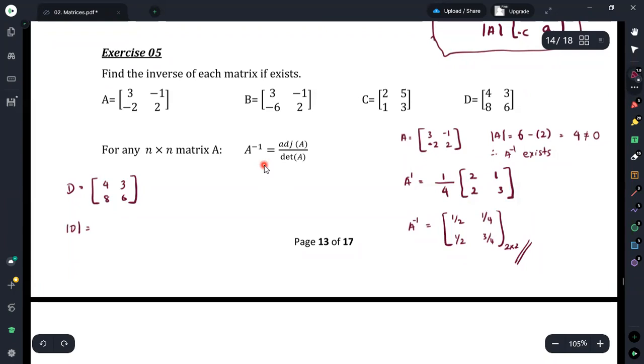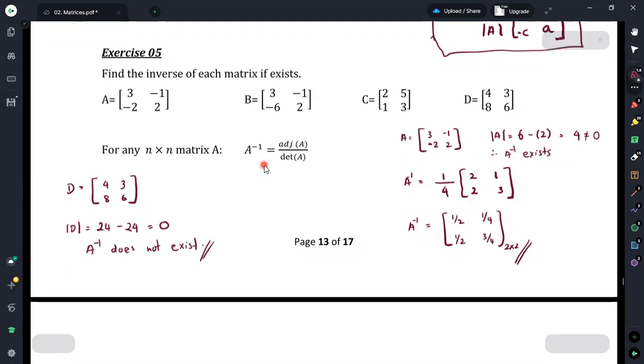Therefore, I can take the determinant of D. It is 4 times 6 minus 8 times 3, and we get the value equal to 0. Therefore, we can say that D inverse does not exist. Since the inverse does not exist, we can terminate the calculation from that point.